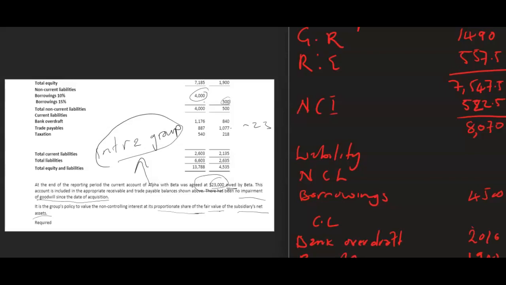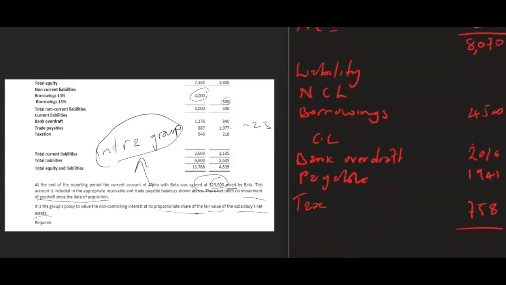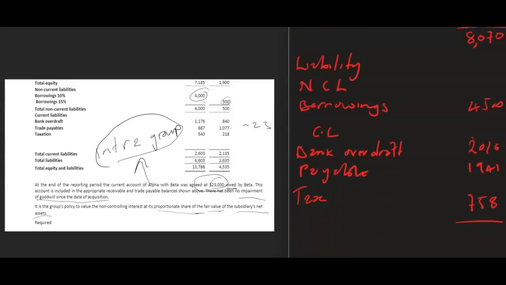Okay, so since we had calculated this, so 8,070 plus 4,500 plus 2,016 plus 1,941 plus that, it gives us 17,285.